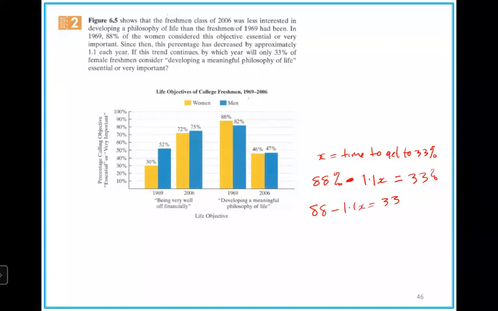So how are we going to maneuver this equation?